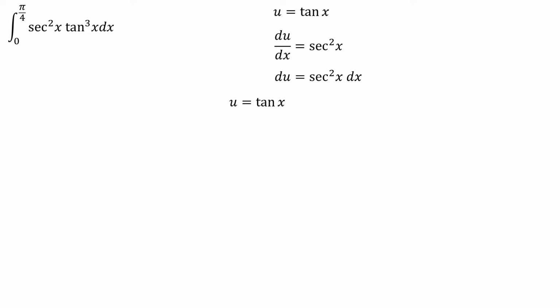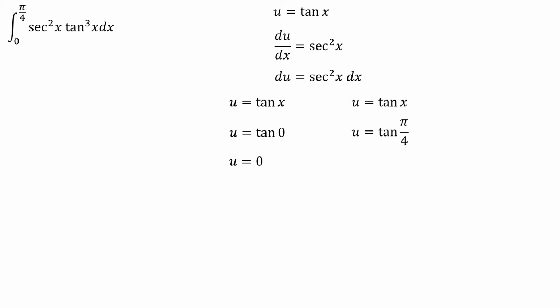Right? If u is the tangent of x, when x is 0, the tangent is 0. Remember that sine divided by cosine. 0 divided by 1 will get me 0. When x is pi over 4, tangent of pi over 4, sine over cosine.